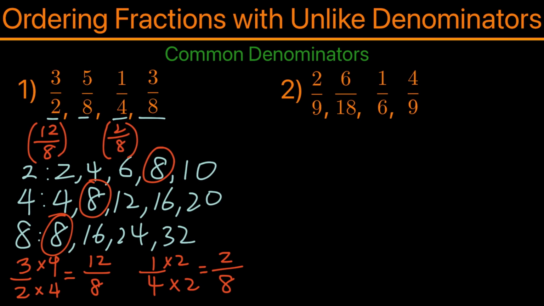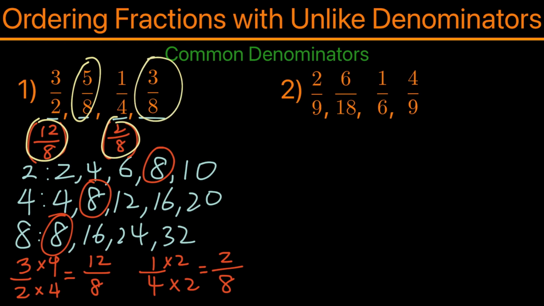And now that we have everything with the common denominator, we can list them from least to the greatest. 2/8 would be the lowest. And 2/8 is equivalent to 1/4, so we're going to write 1/4 first.